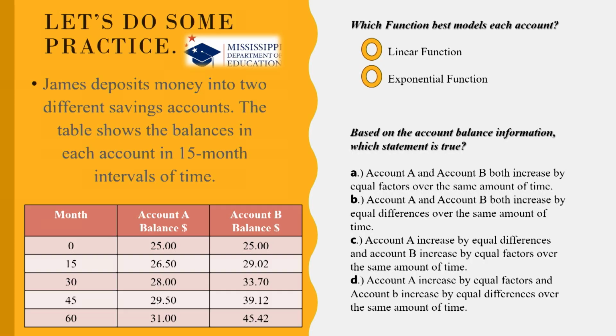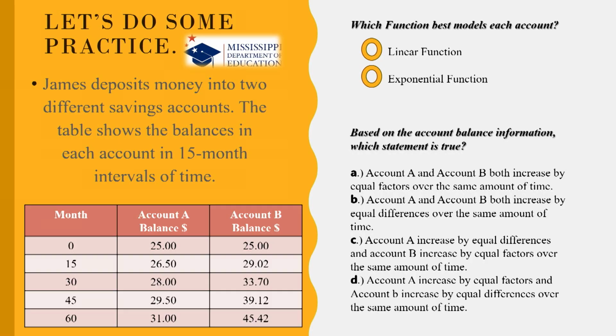So we have our months, 1, 15, 30, 45, and 60. Then we have our account balances, which are $25, $26.50, $28, $29.50, and $31. And then in account B, we have $25, $29.02, $33.70, $39.12, $45.42.